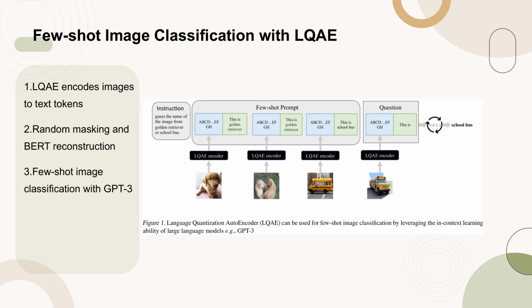The decoder subsequently reconstructs the original image from the unmasked text tokens. This method allows LQAE to represent similar images with similar clusters of text tokens, thereby aligning the text and image modalities without the need for aligned text-image pairs. This alignment enables few-shot image classification, where GPT-3 can classify images based on the text tokens generated by LQAE.